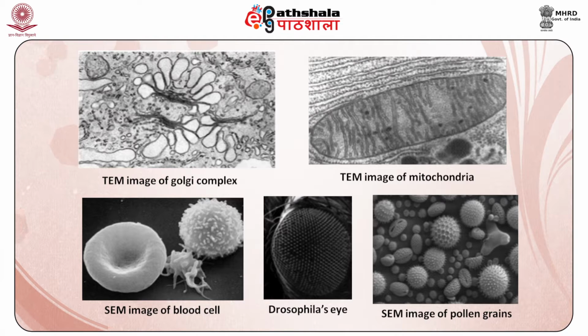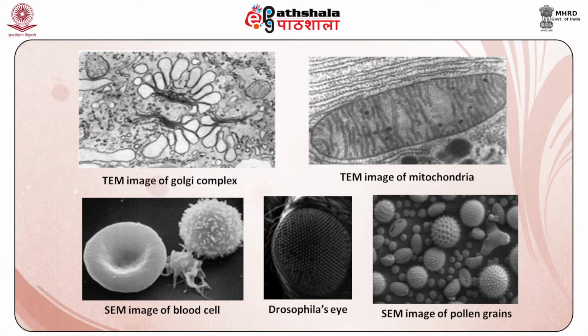So, they are involved both in transport as well as glycosylation. Details of these various parts of a Golgi complex are typically illustrated by this TEM, or transmission electron microscope.